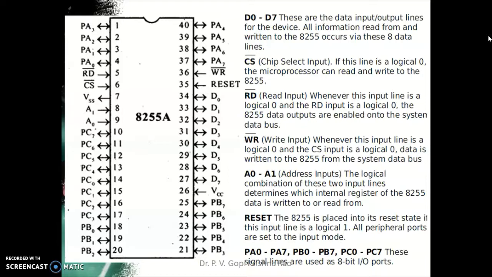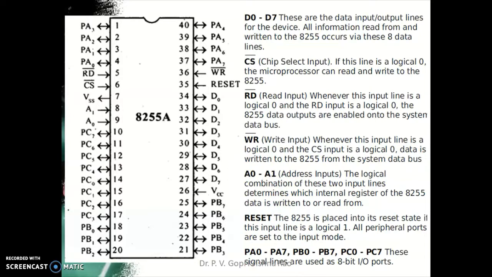A0 and A1 are two address lines which have four possible combinations: 00, 01, 10 and 11. These four combinations are used for selection of port A, port B, port C and the internal control register. Next, the reset signal. This is an active high signal.